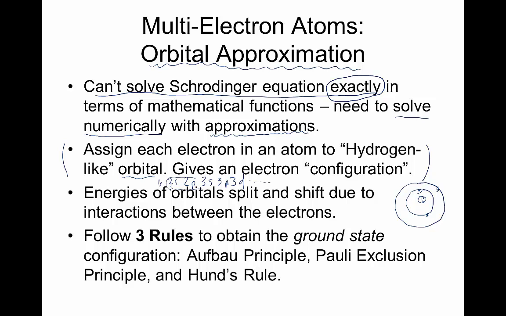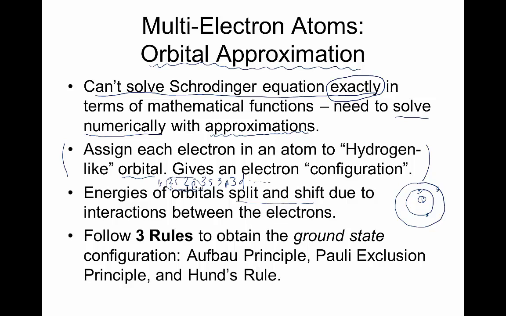But in multi-electron atoms, it turns out that the 2s and 2p subshells will have different energies. That's what I mean by split and shift: the energies of these orbitals will change and move around a little bit. Why? It has to do with the interactions between the electrons. We know electrons repel each other, so that interaction is going to cause the shifting and splitting of these orbital energies.